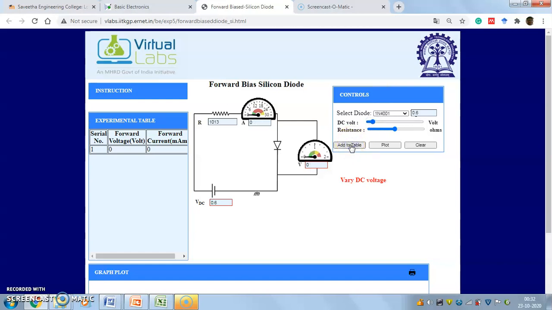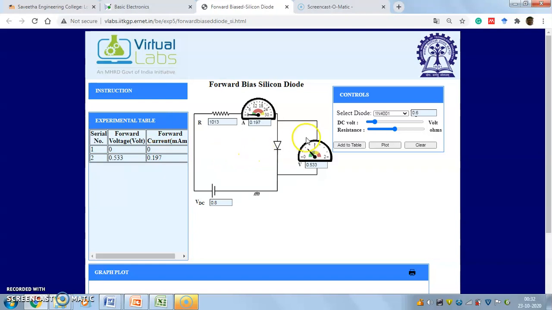We have to add for that. There is no change. After 0.6, the current will vary. 0.8, I got for that. Now we can add to the table. So the input forward voltage is 0.53 and the forward current is 0.17 milliampere.